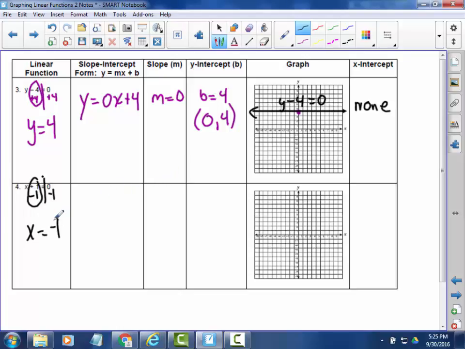So the slope of an x line is undefined. And the y-intercept, it doesn't have one. Okay, so we go to negative 1 on the x-axis, place our point, and then we hopefully remember that x equals lines are vertical.